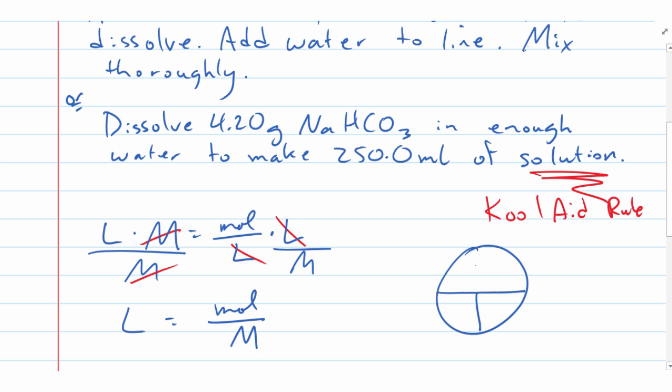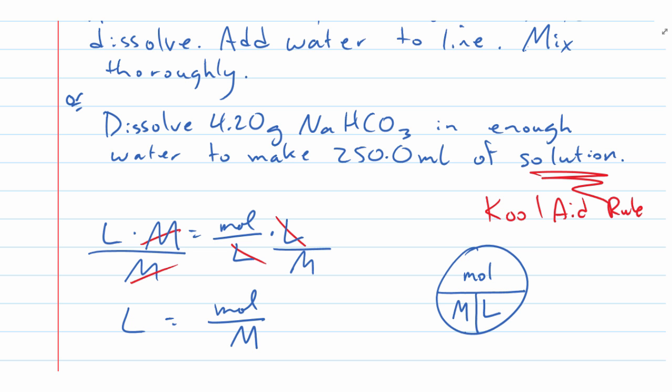Well, it turns out that we also have the molarity pie as well. In the molarity pie, we put moles up above, and we put molarity and liters down below. And then if we want to calculate any one of these things, for example, if we want to find the molarity, we cover it up. It tells us we take moles divided by liters. If we want to find the liters, we cover that up. That tells us we take moles divided by molarity, like we have there.